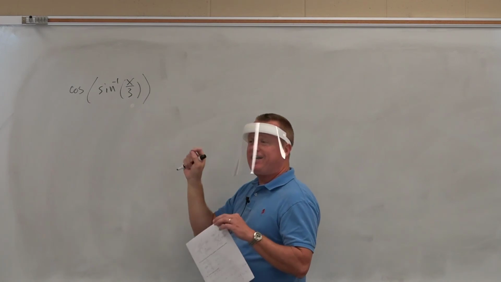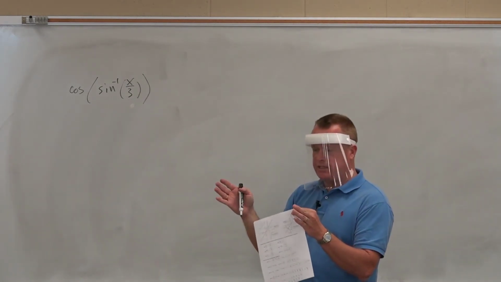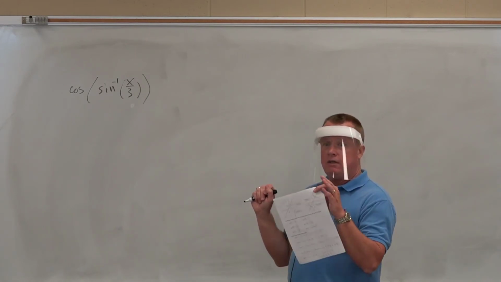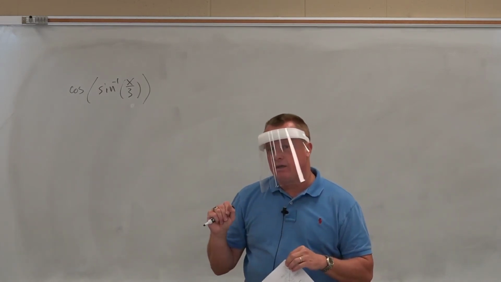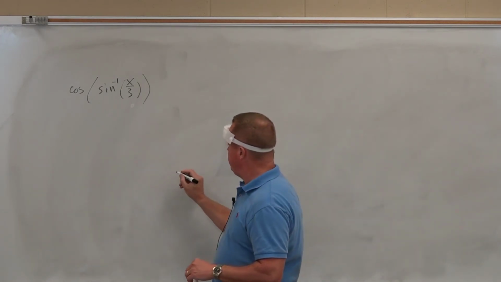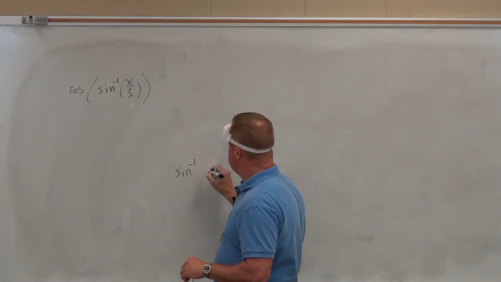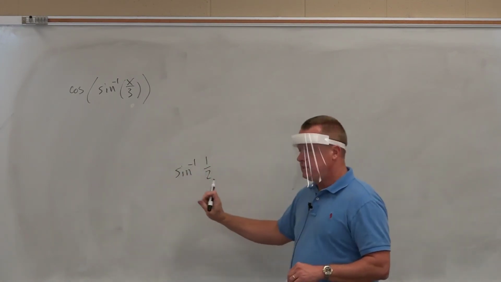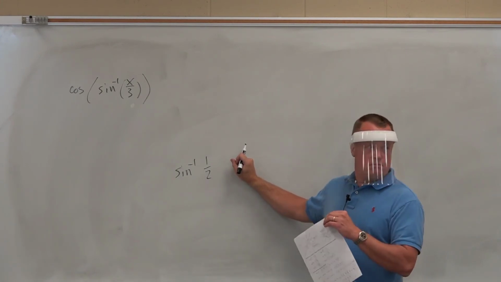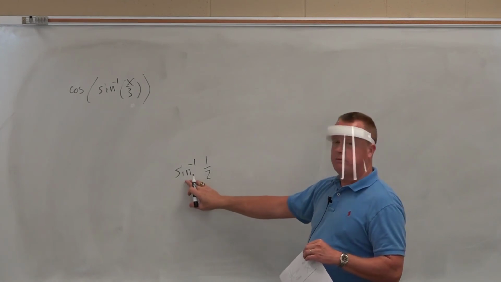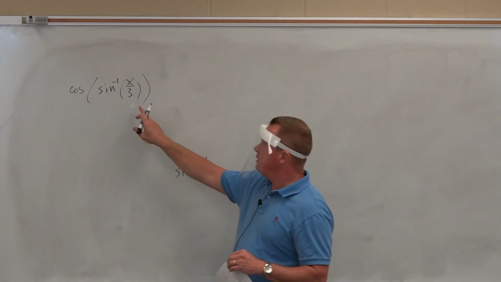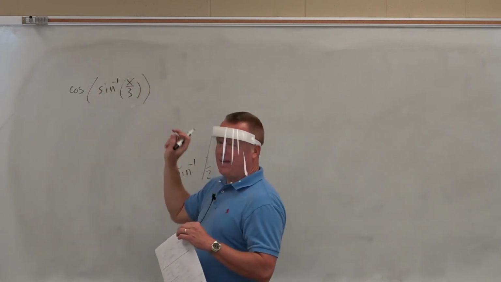When you find an inverse sine of something, what are you finding? If I found inverse sine of 1/2, what was I actually finding there? An angle. So here, this represents an angle.